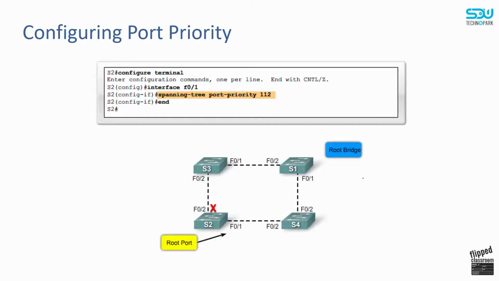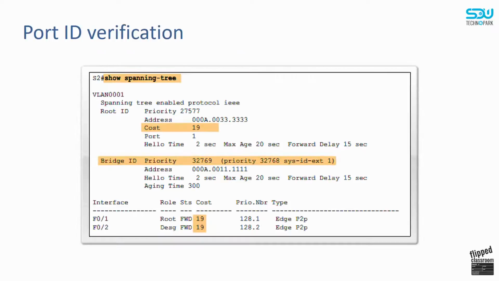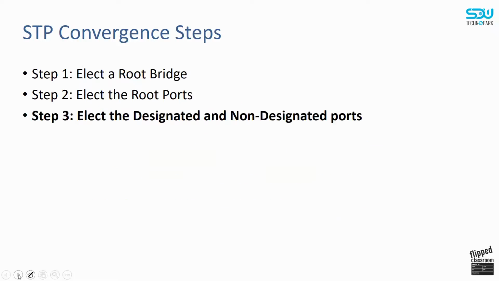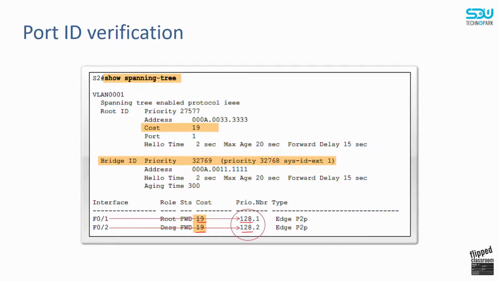Let's take a look at an example using this value. This is the priority of each port, and these are our costs. Let's look at the next value, which shows .1 and .2.